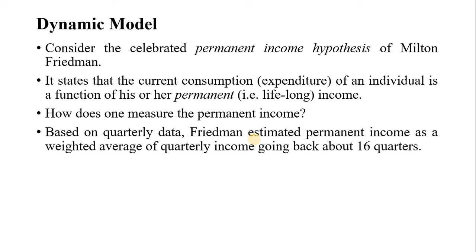So the permanent income is measured by taking a weighted average of the actual quarterly income of the last 16 quarters. He measured permanent income on the basis of not only the current income but also the past 16 quarters' income. He took an average of these, and this average he called permanent income or lifelong income.